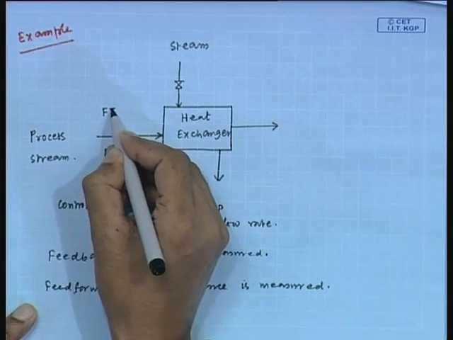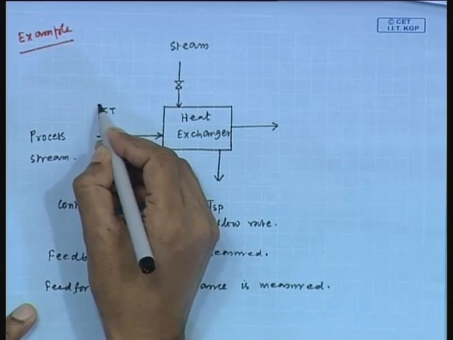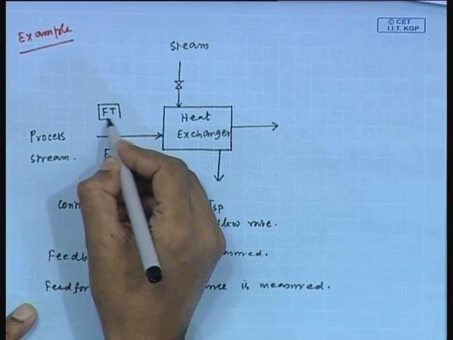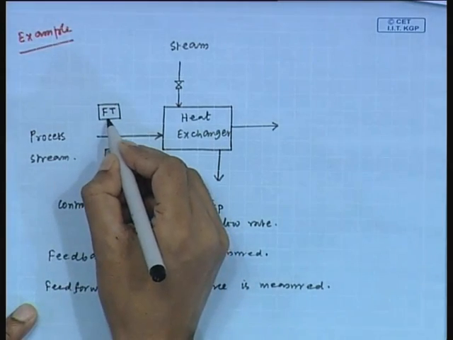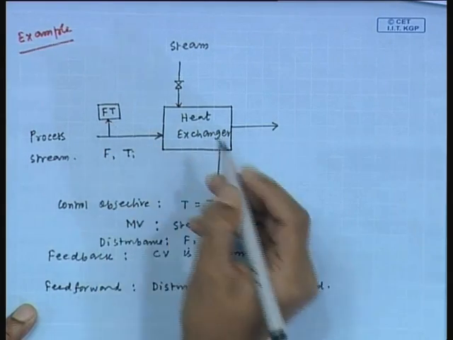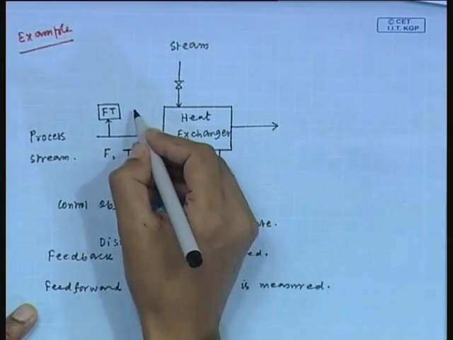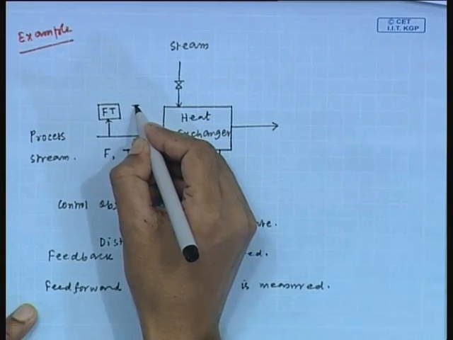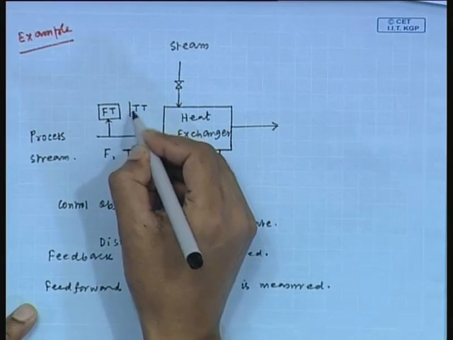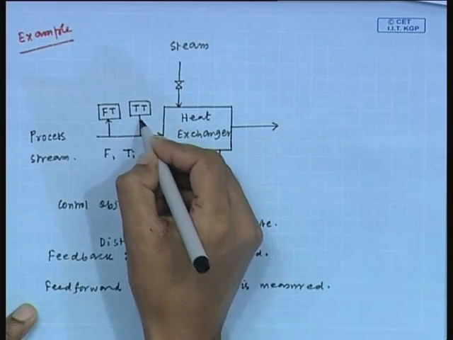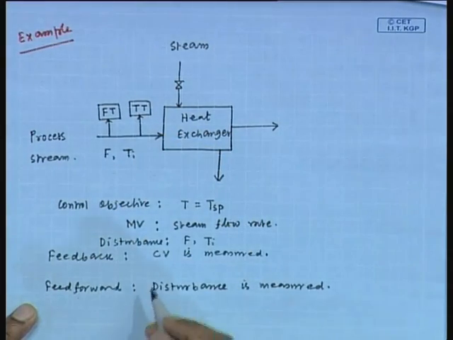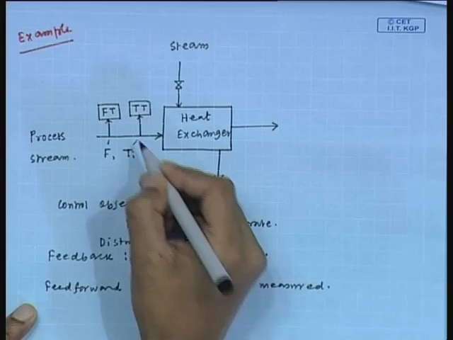So, we can use one measuring device for the flow rate measurement and another measuring device for the temperature Ti. So, this is for F and this is for Ti.